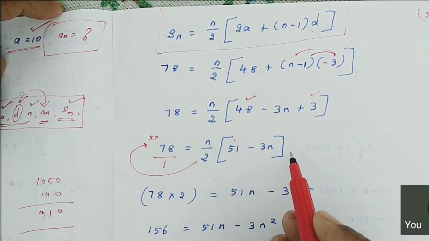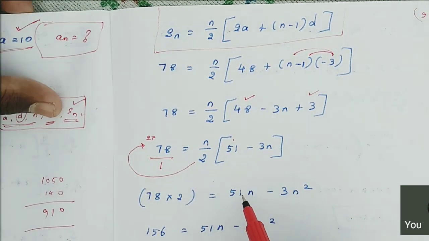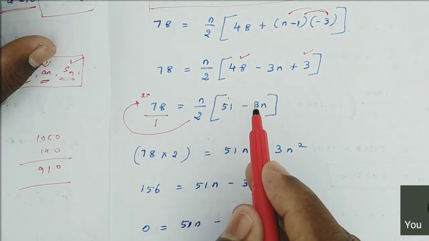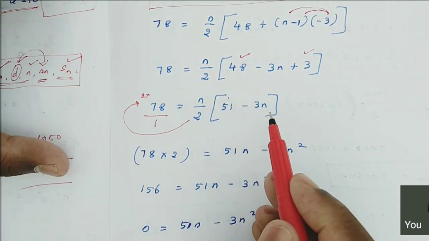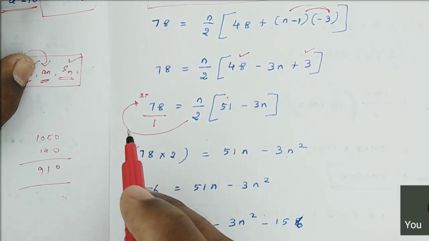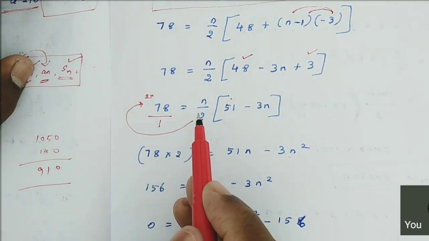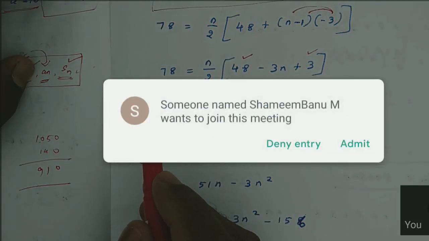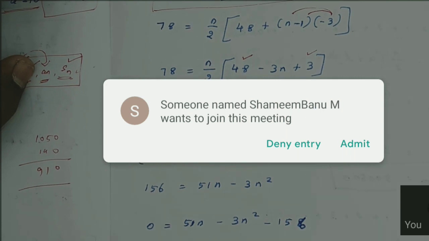Now multiply n inside: 51 into n is 51n, and minus 3 into n is minus 3n squared. Are you clear? Listen again one more time. Here, n by 2, so I just transpose the 2 to the left hand side.